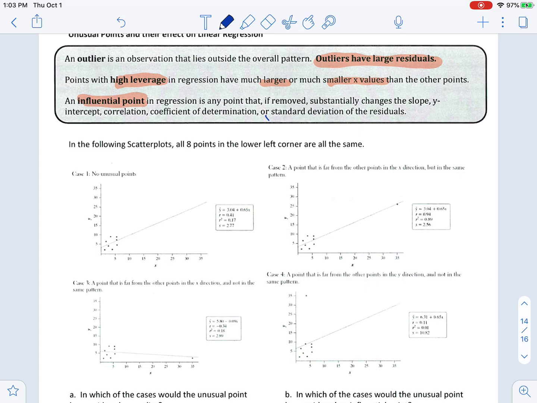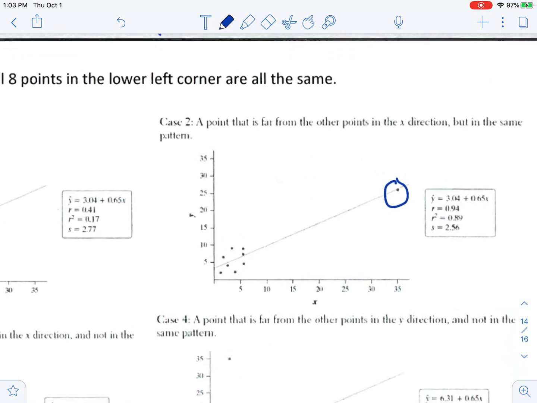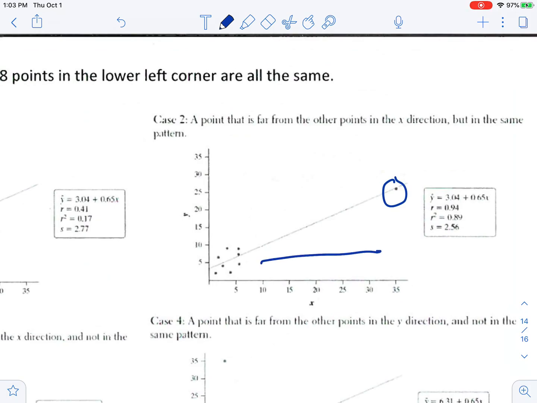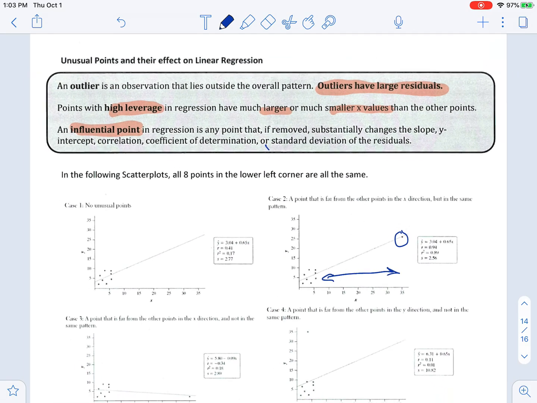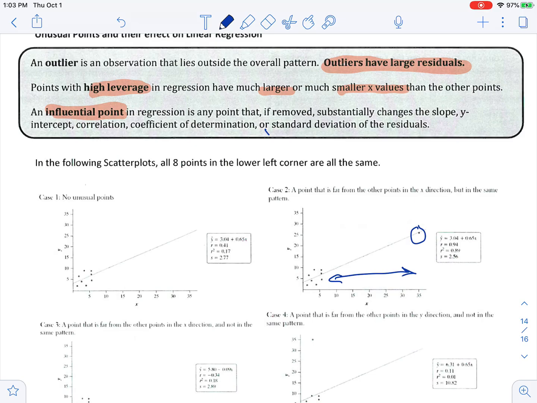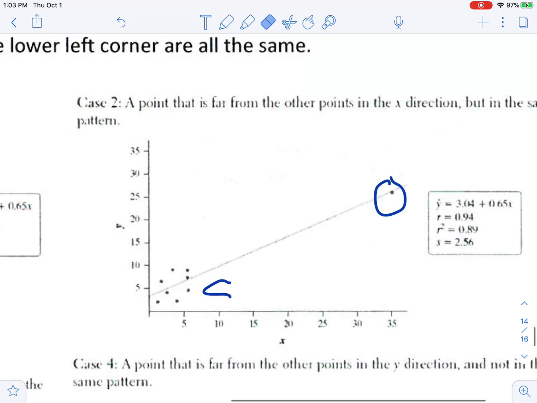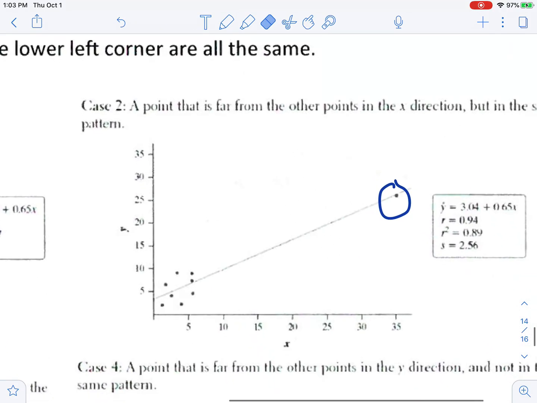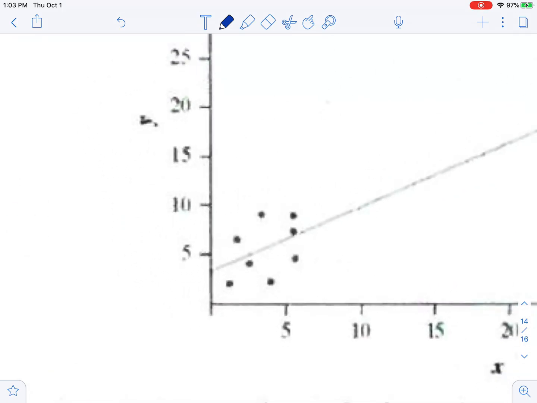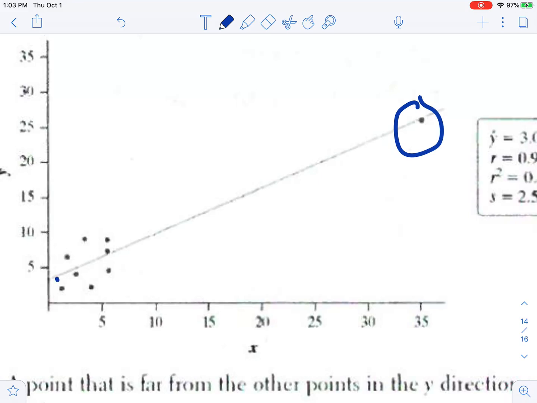Can you have a high leverage point that maybe is not an influential point? The answer is yes. Look at this one right here. It is very far away. That is definitely a high leverage point because it's very far away in the x direction. However, based on this pattern, and again, we don't have a perfect story here, it's not a perfect correlation, but it seems to be generally okay.